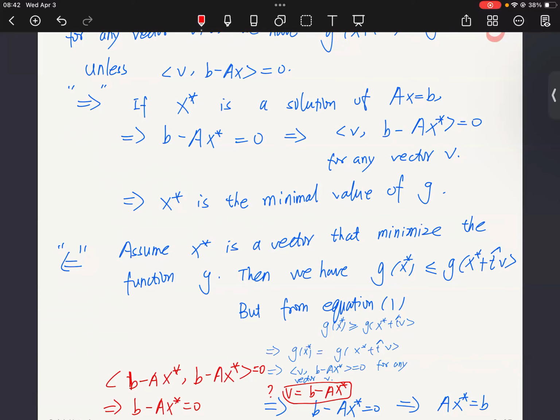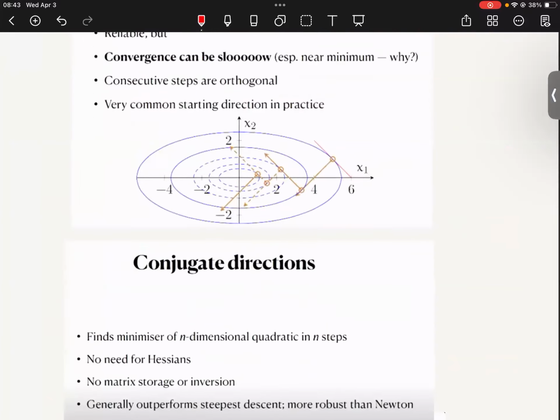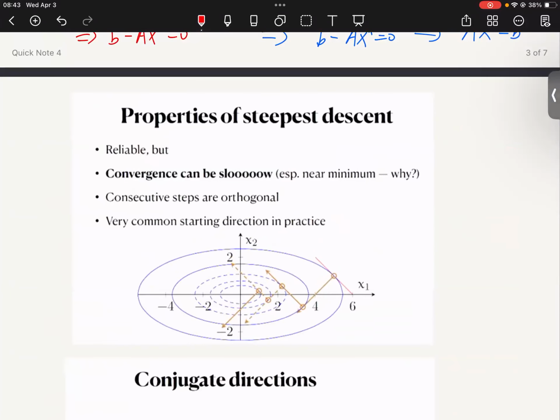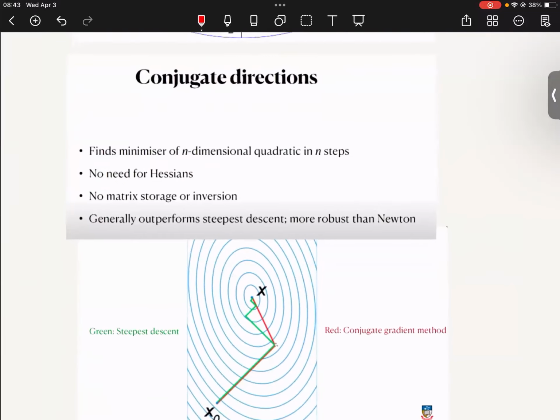Next, before we go to the conjugate gradient theorems, let's see what we have here. Actually, we want to introduce two things. One is the steepest descent, and the other is the conjugate descent.